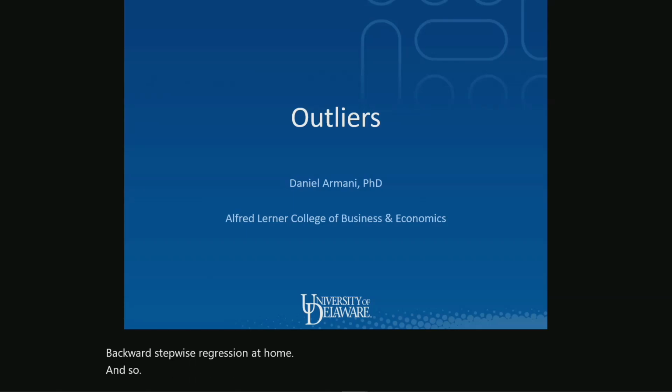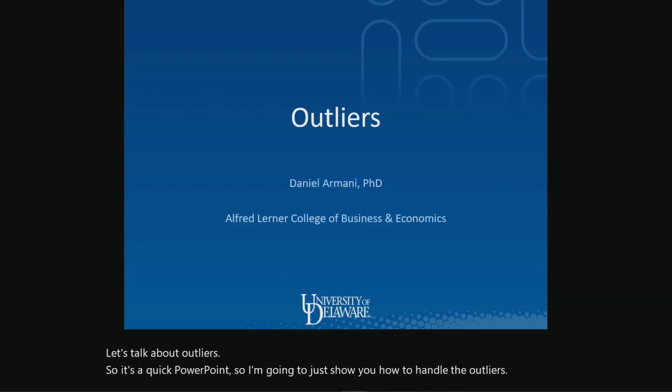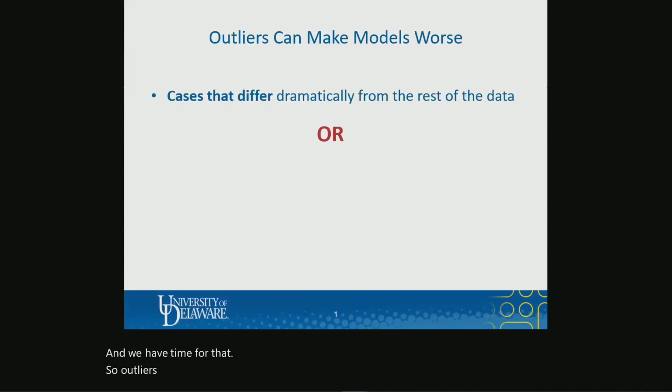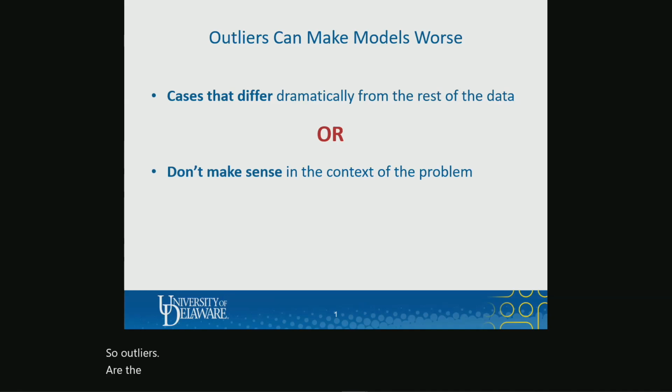So now let's talk about outliers. It's a quick PowerPoint. I'm gonna just show you how to handle the outliers, and we have time for that. So outliers are the cases that are significantly different from the other cases. They are not aligned with the other observations that you have, and they are like abnormalities.